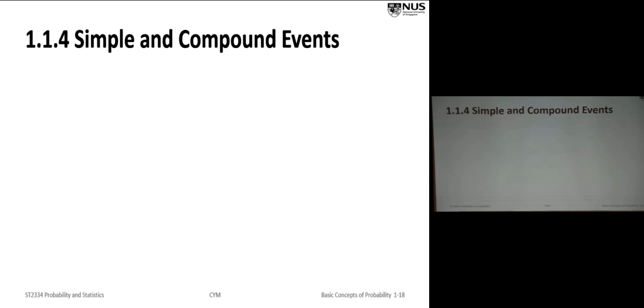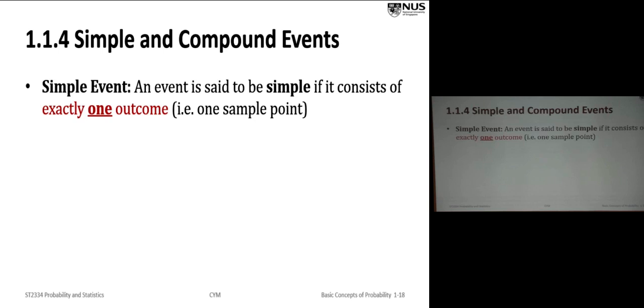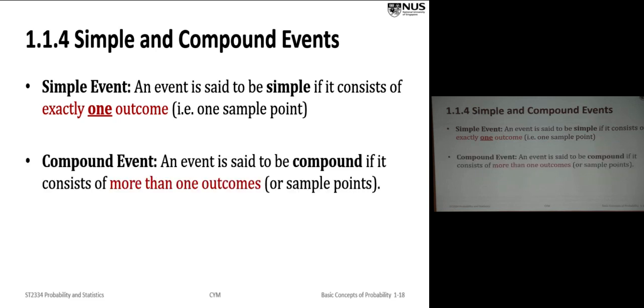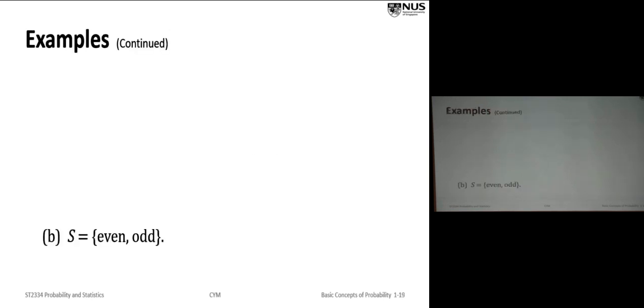One outcome of what you are interested in. A compound event is one with more than 1 outcome. So just remember, simple means only one outcome, while compound means more than 1 outcome.